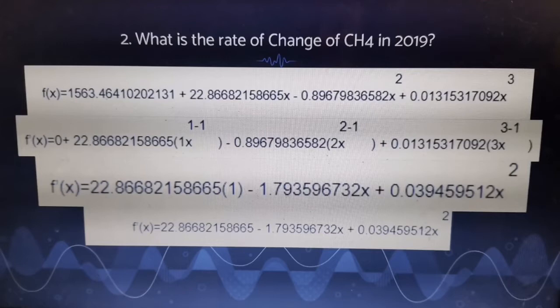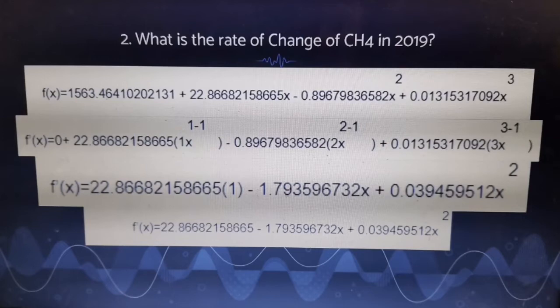Then, making all this process, we get f prime of x equals 0 plus 22.86 (1x to the 1 minus 1 power) minus 0.89 (2x to the 2 minus 1) plus 0.01 (3x to the 3 minus 1 power).